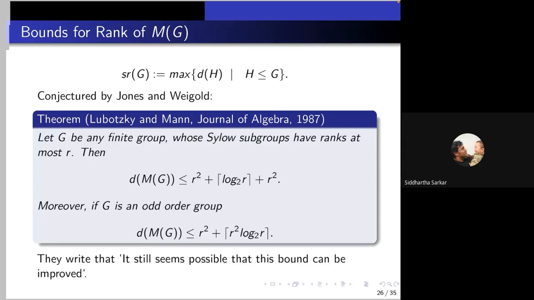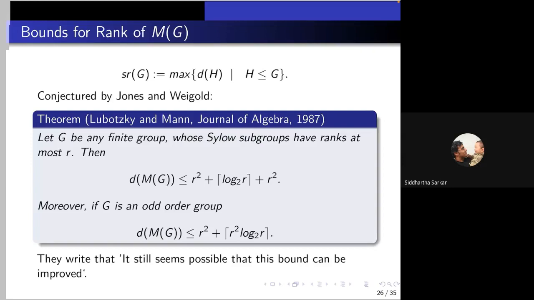Sometimes this is defined as the rank of the group G. This is the minimum number with which any subgroup of the group G can be generated, so this is the maximum of d(H) such that H is a subgroup of G. It was conjectured by Jones and Wiegold in the 60s that the rank of the Schur multiplier can be bounded by the rank of G, and they predicted that this should be bounded by a quadratic function of r.